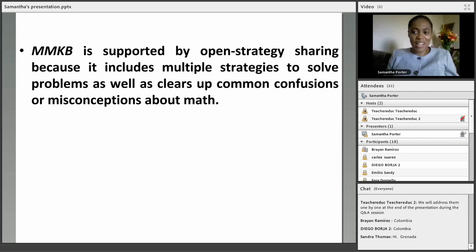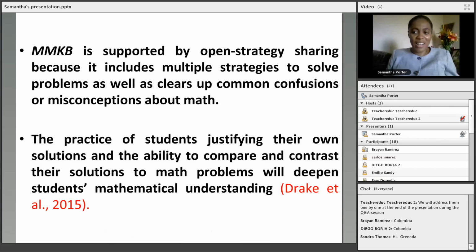And these misconceptions follow them right through, sometimes up to the high school level. So when we allow students to share in the classroom, as teachers, we get to identify these misconceptions and we can correct them. We can alter these misconceptions and students can now develop a better understanding of the given concept that is being taught.